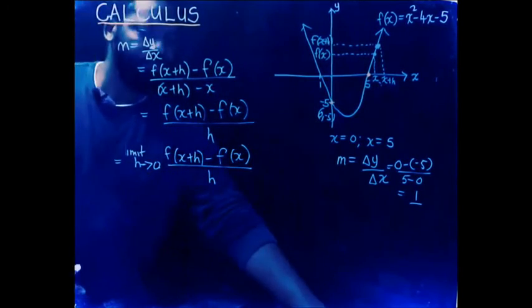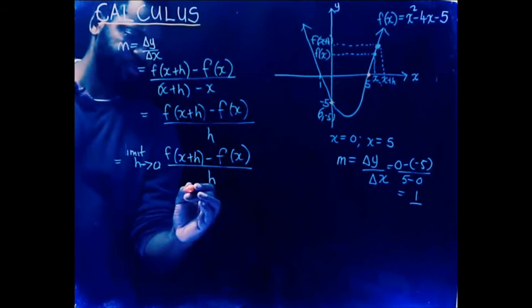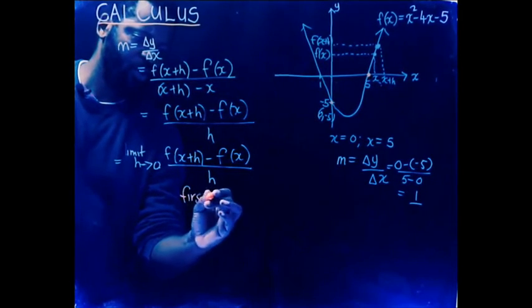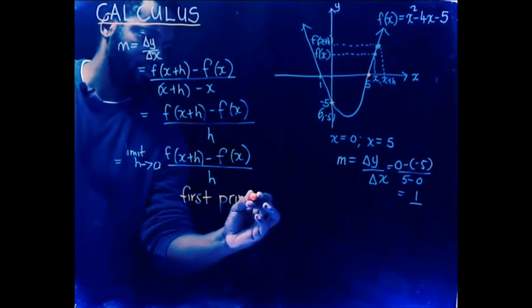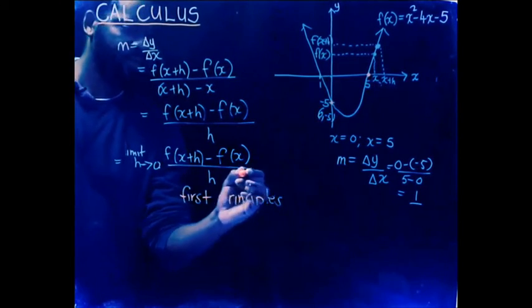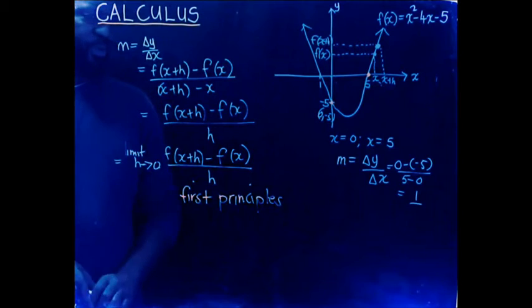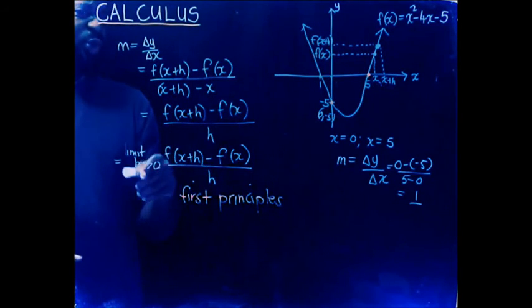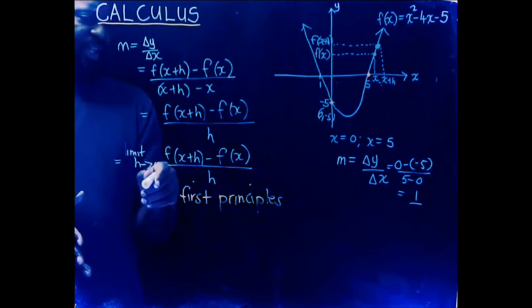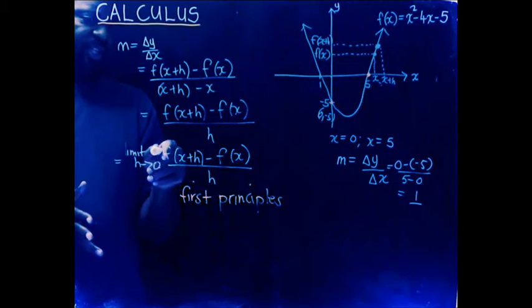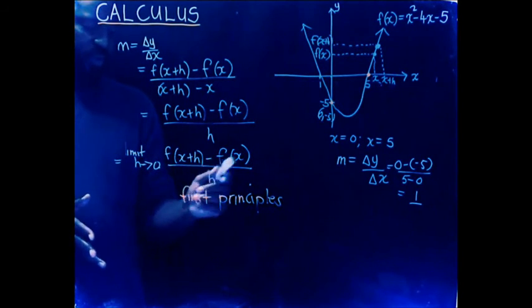Now we call this first principles. So you will come across wording that says, use first principles to get the derivative of that. Using first principles basically means use this formula.